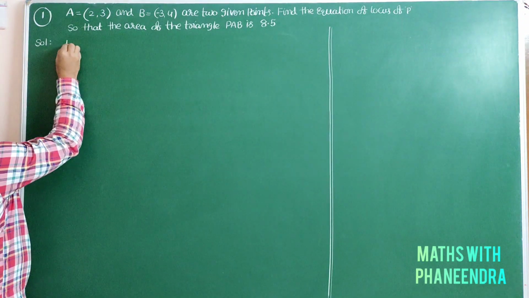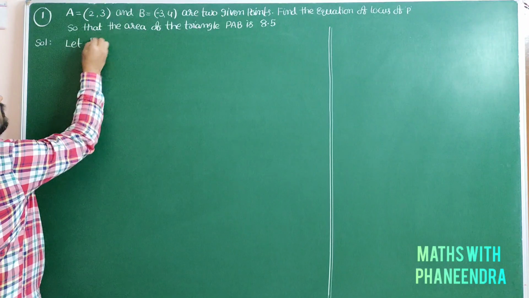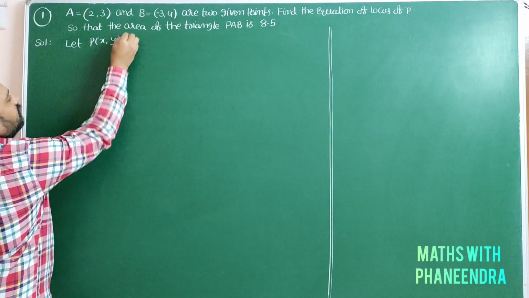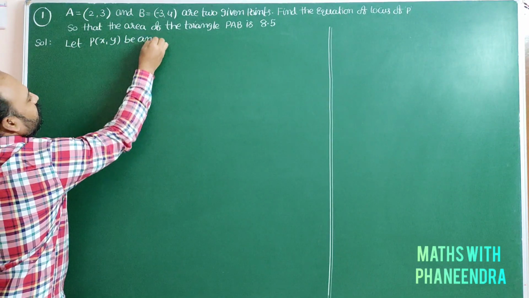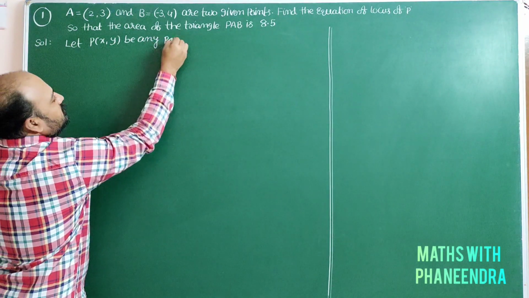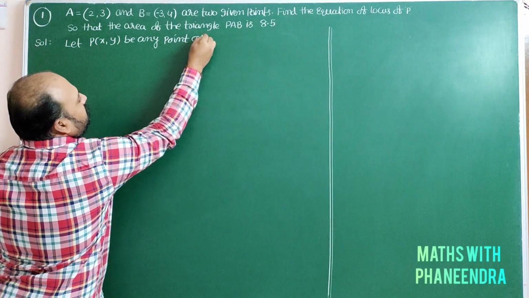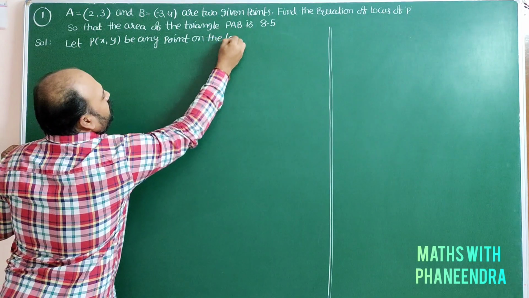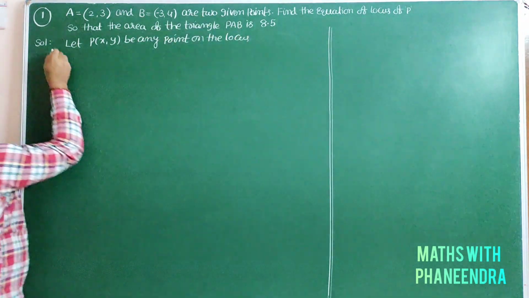First step is let P of x comma y be any point on the locus. This is the first step, dear students.